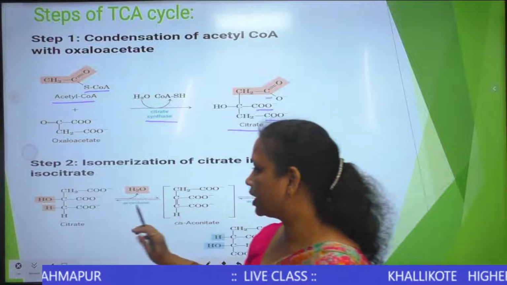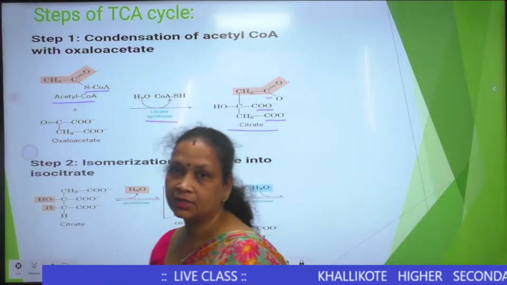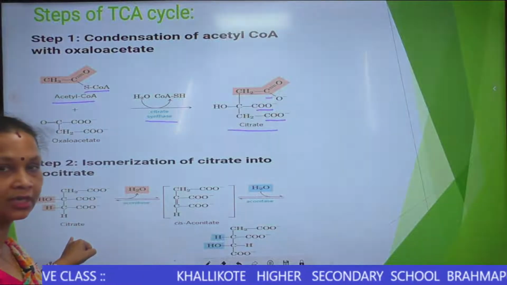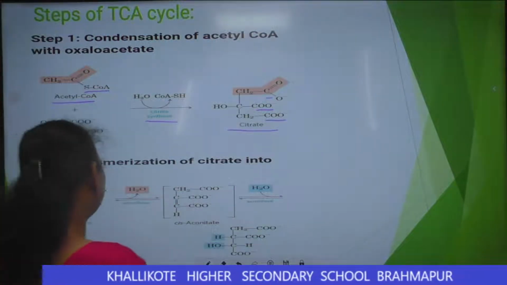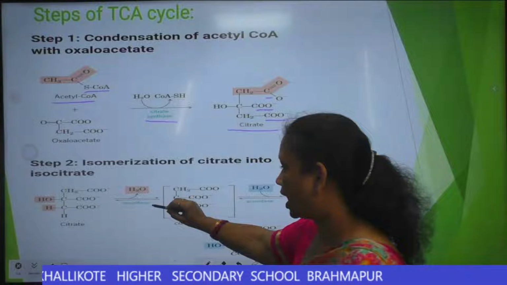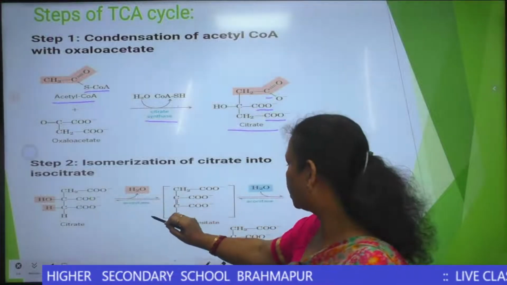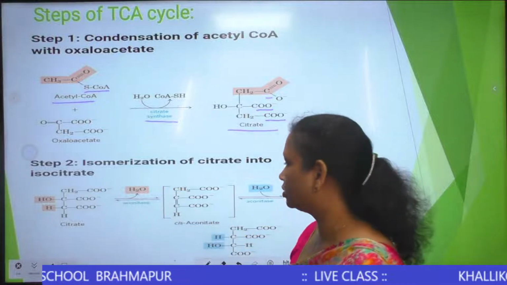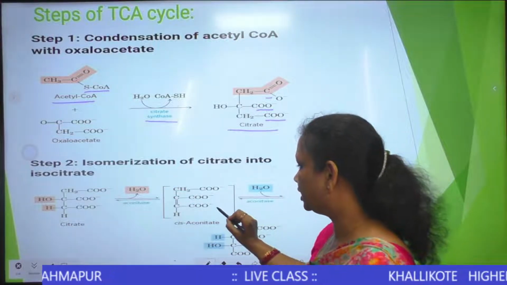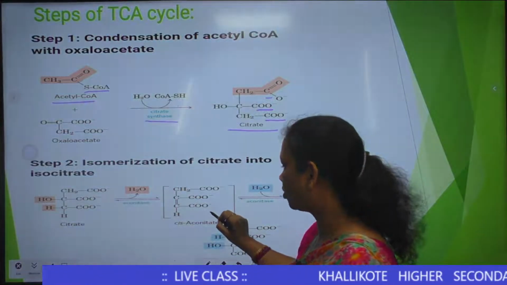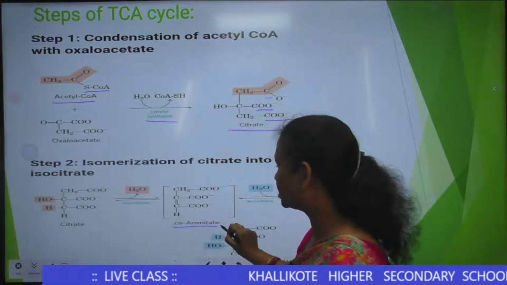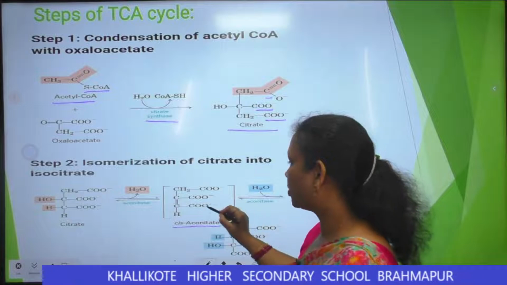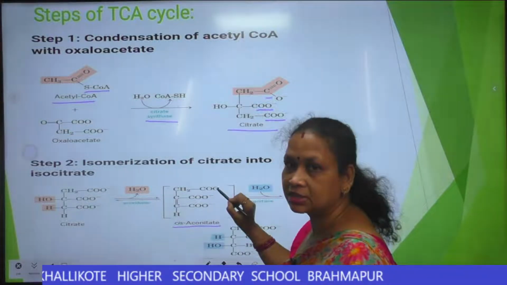So in this reaction you can see that citrate, the tricarboxylic acid molecule, with the help of enzyme aconitase is first getting dehydrated, that is water molecule is removed, and there is an intermediate compound that is formed which is called as cis-aconitase.